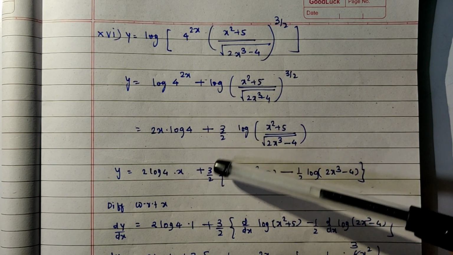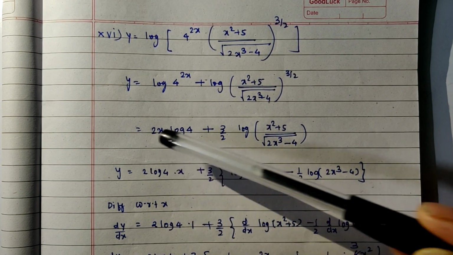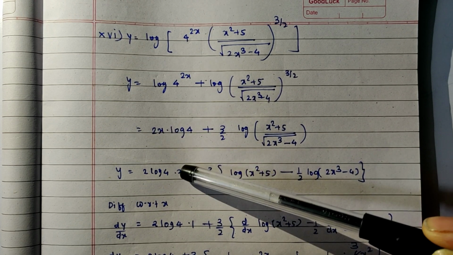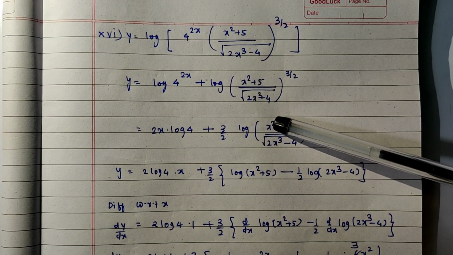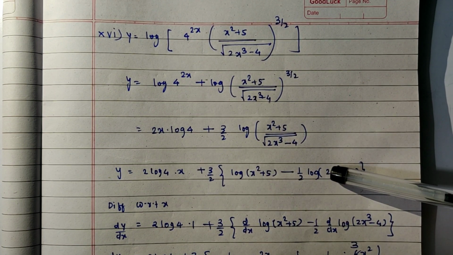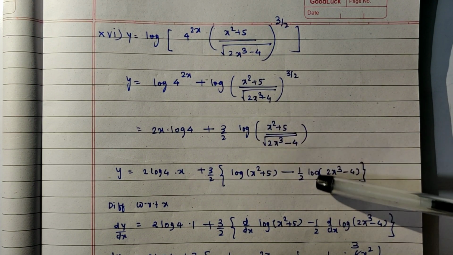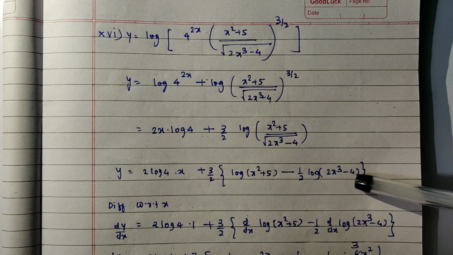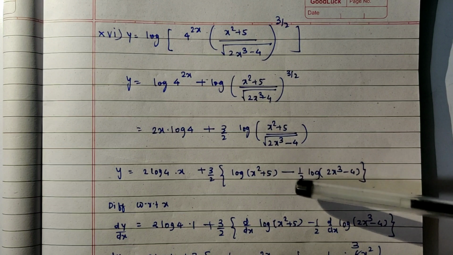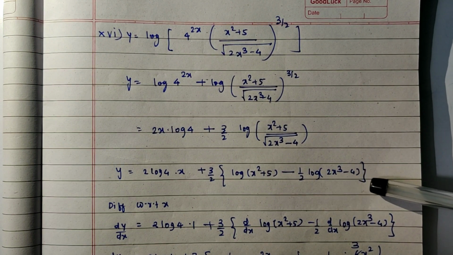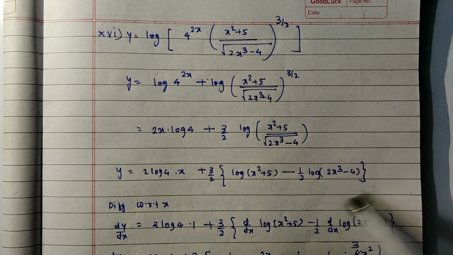Again we can simplify it. 2x log 4, with log 4 a constant, we write it with x. Plus 3 by 2 log of m upon n, we write log m minus log n, so that is log of x square plus 5 minus log root of 2x cube minus 4. But root means raised to power 1 by 2, so again we write 1 upon 2 into log of 2x cube minus 4. So in this way we have completely simplified it.